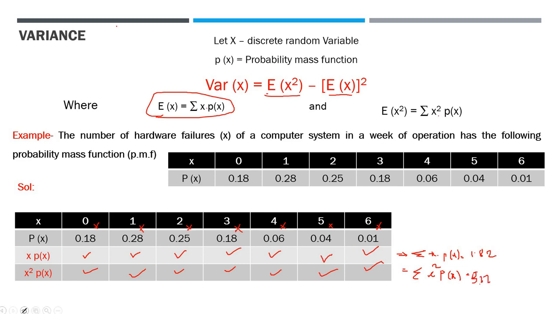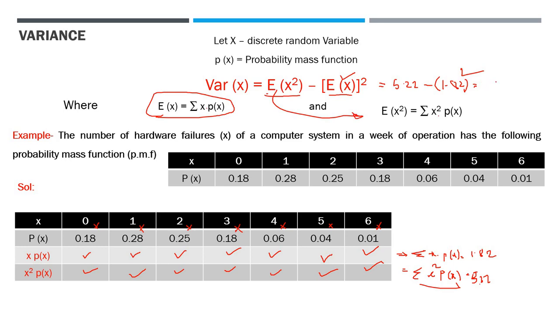After this calculation, we put this value here. We know that the summation of x square p(x) is 5.22. So 5.22 minus the E(x) value, 1.82, and its square. That is the expectation, and the square of that one. This value we have already calculated as the summation.